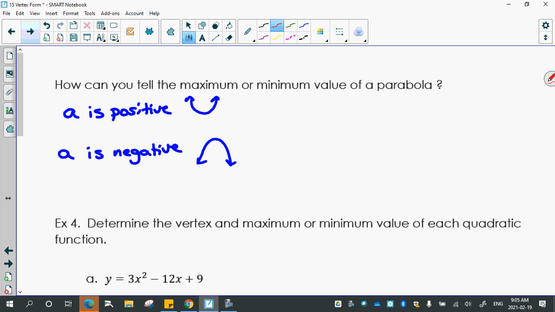So if it opens up, it has a minimum, and the minimum value or the maximum value is always the k. In this case, it would have a maximum of k.